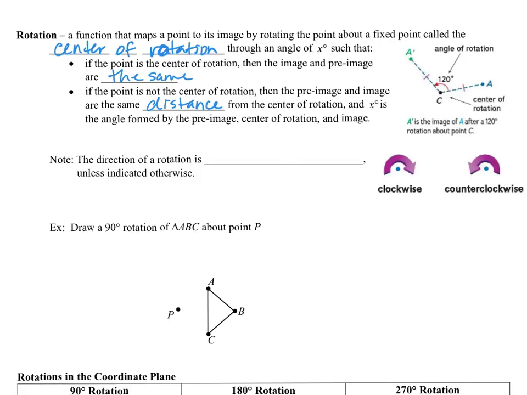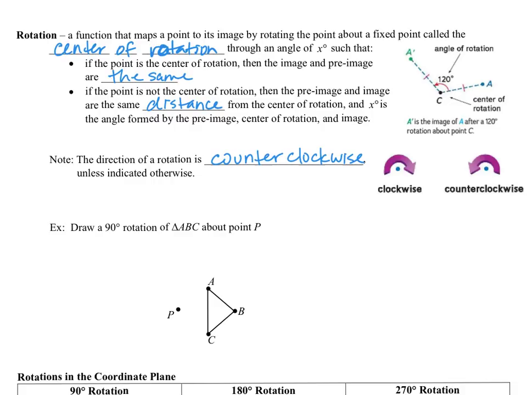One thing we need to make note of is that when we're doing rotations, rotations will always be in the counterclockwise direction unless indicated otherwise. So if it doesn't say what direction to rotate, we'll automatically assume that we're rotating counterclockwise.